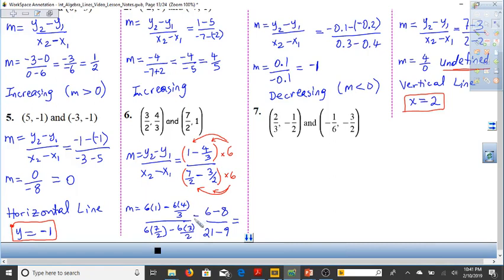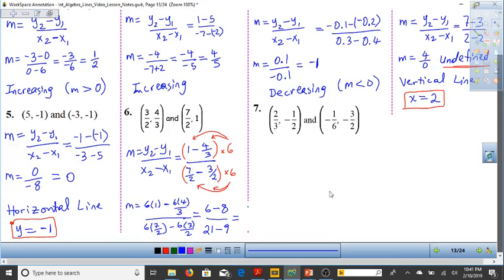And now it's just a simplified negative 2 over 21 minus 9, which is 12, sorry. 21 minus 9, which is 12. Now, 2 over 12 is just 1/6.